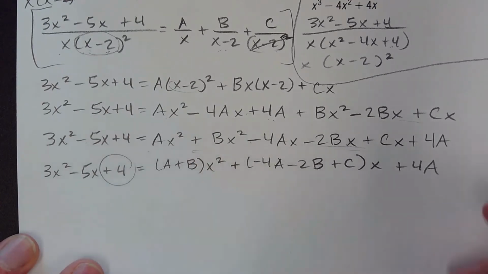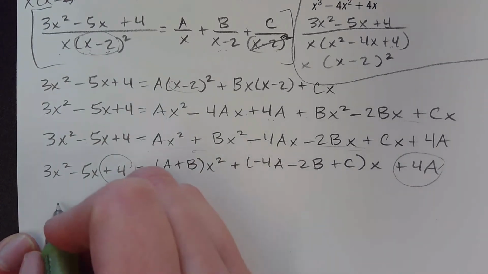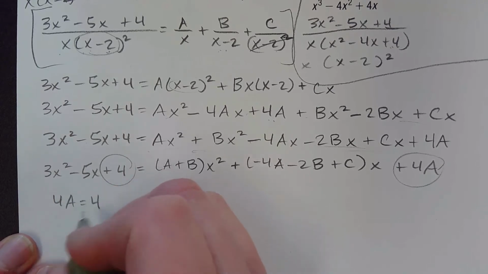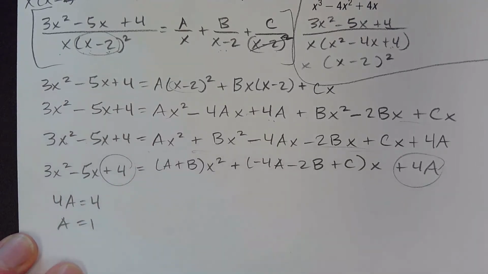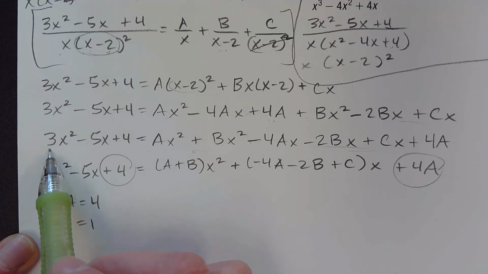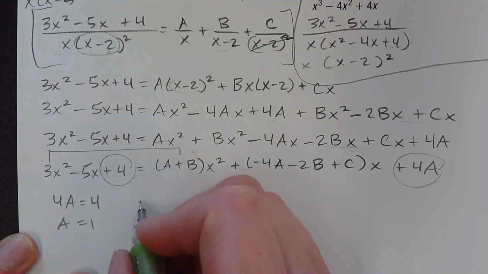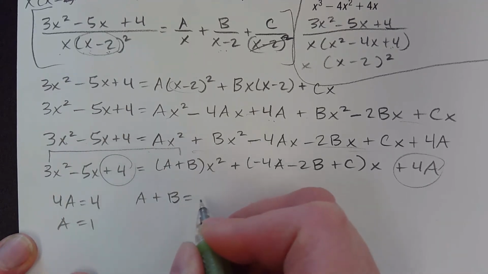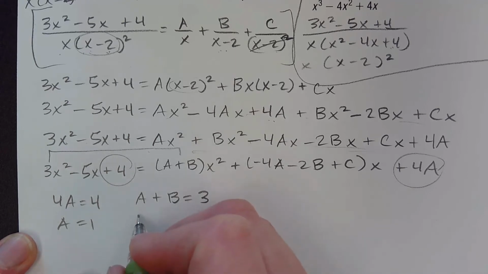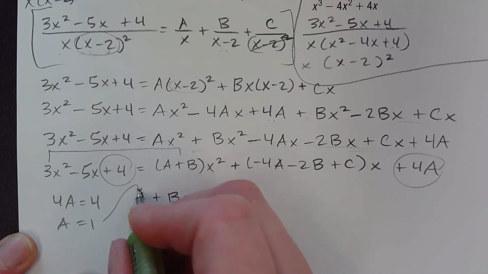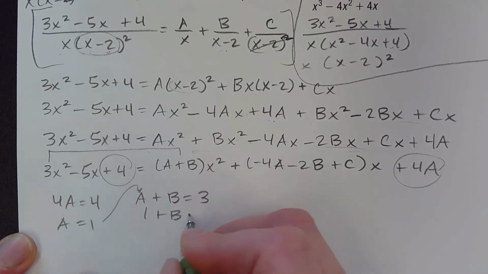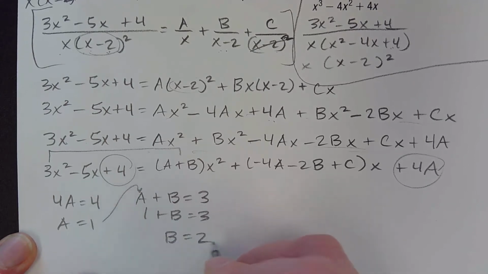I have a constant that's 4, and here I have a 4A. So if 4A equals 4, then A equals 1. Then if I look at my x squareds, I have A plus B has to equal 3. So I'll put in my 1 for A: 1 plus B equals 3, so B equals 2.